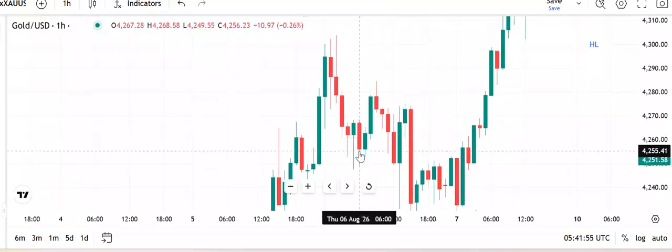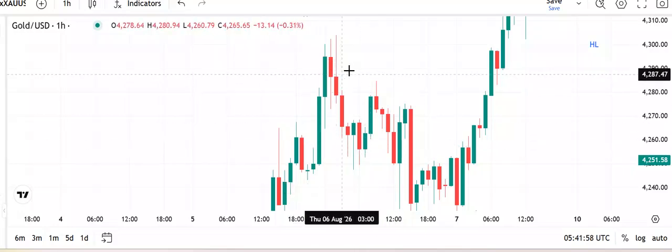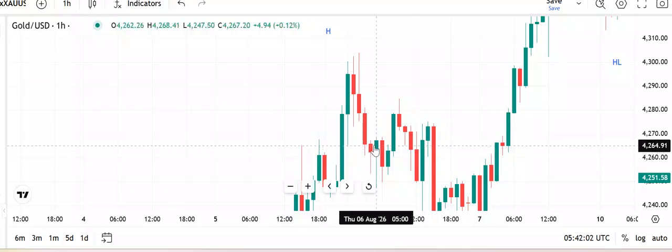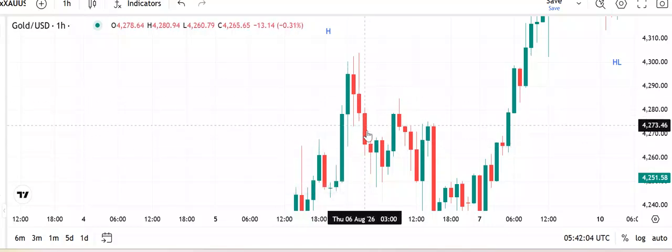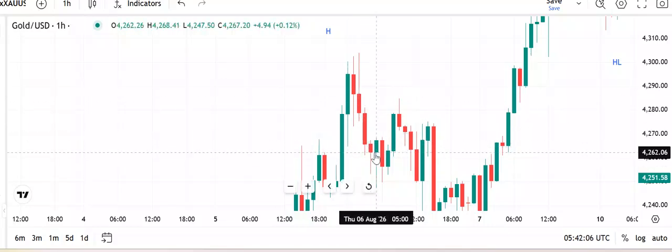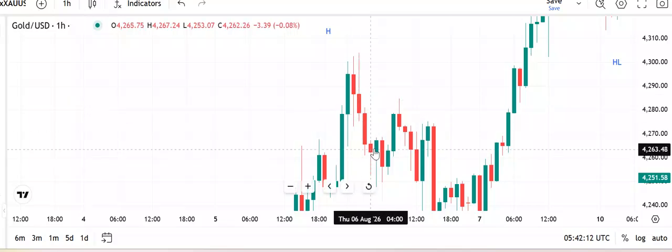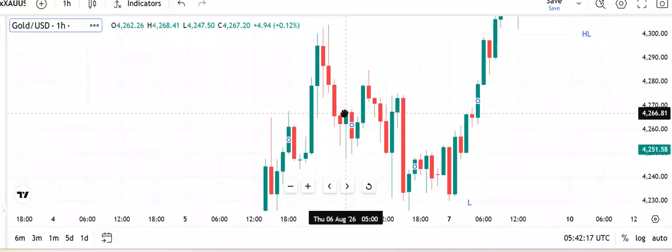Right here we have a low because price has been giving us 1, 2, 3, 4 bearish candles formed, but we have only one bullish candle. Then we have another bearish candle, making 1, 2, 3, 4, 5 bearish candles with just one bullish candle in between.